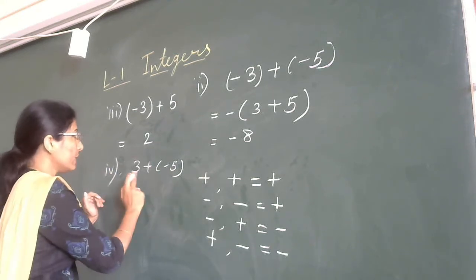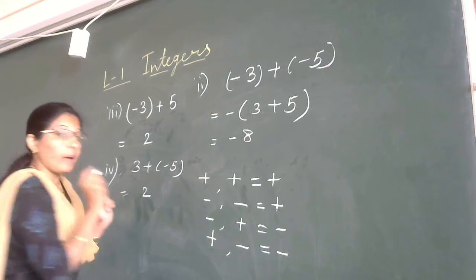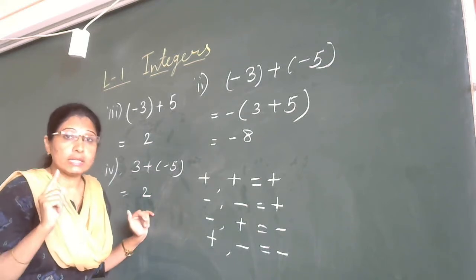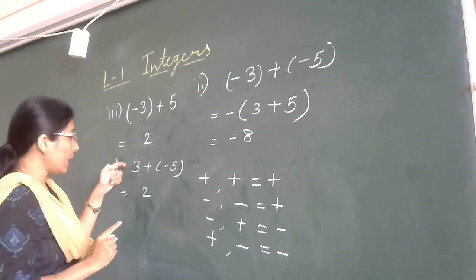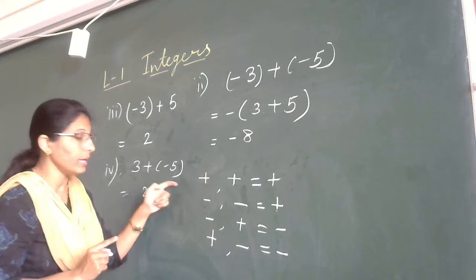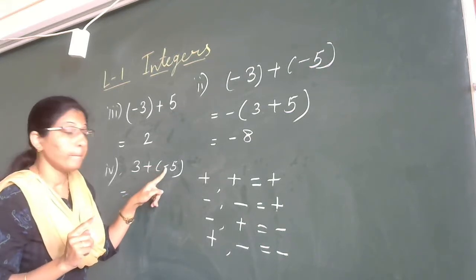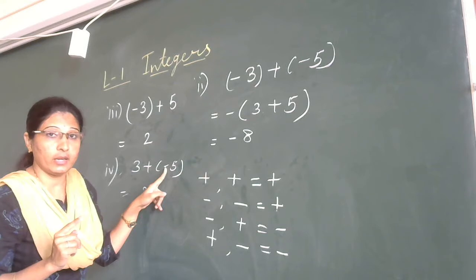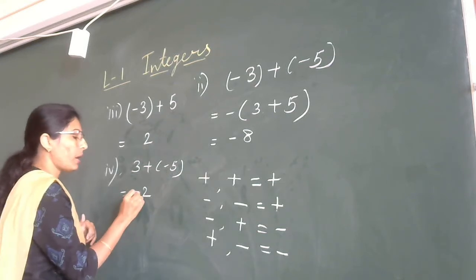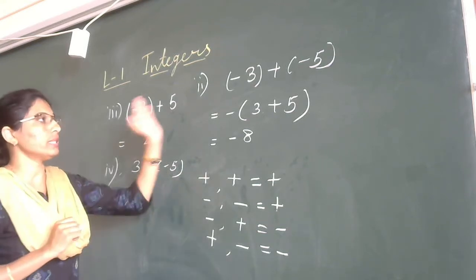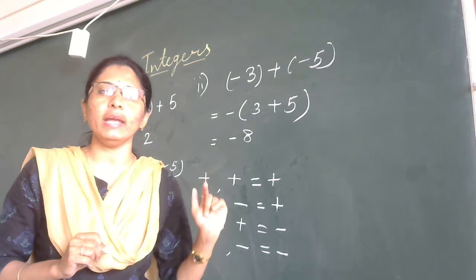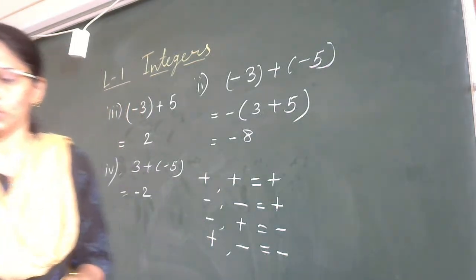So 5 minus 3 is 2. But while putting the sign, we have to see which sign the greater number has. Here the greater number has a minus sign, so we have to put minus. Okay, so these are the rules of adding integers.